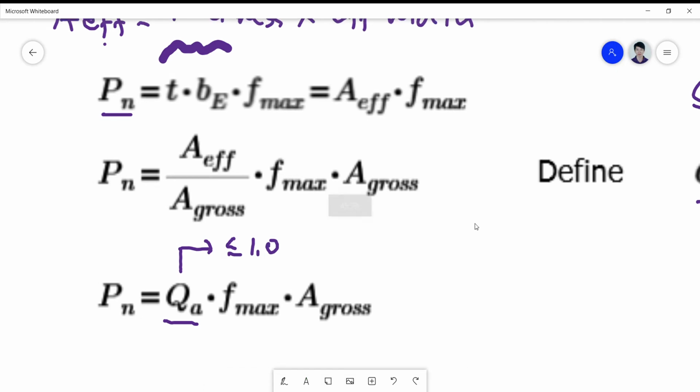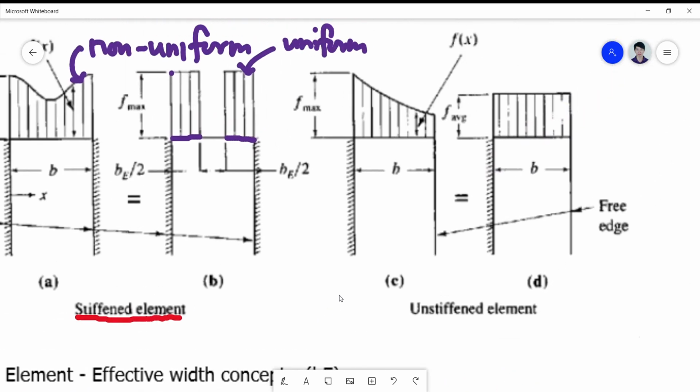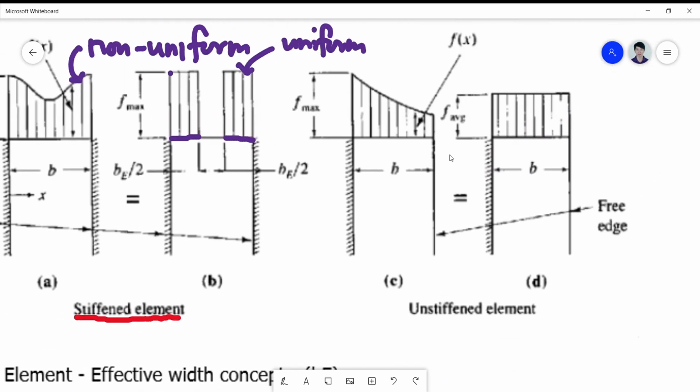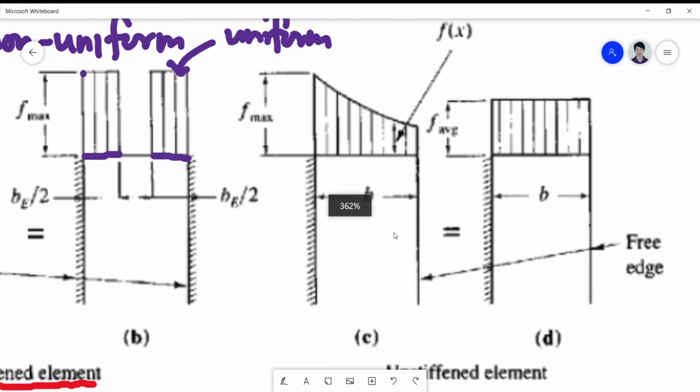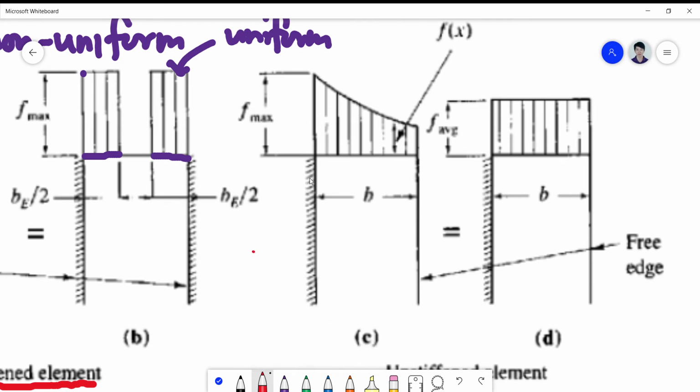So for the unstiffened element concept, we now consider this figure wherein the supports are no longer symmetrical, such that your edge here is restrained while the other is free.